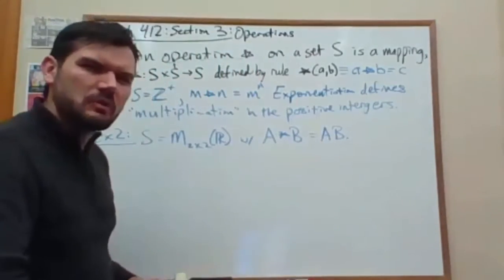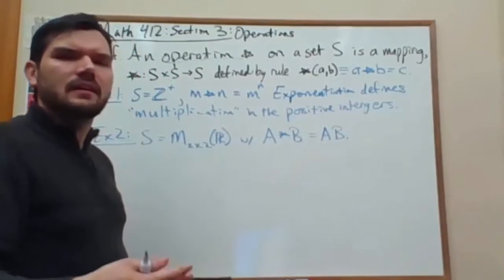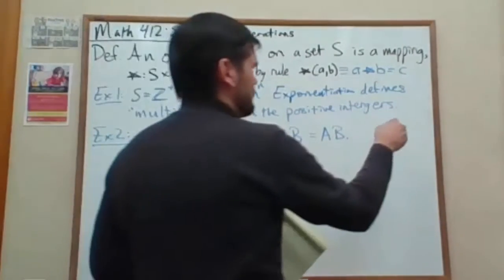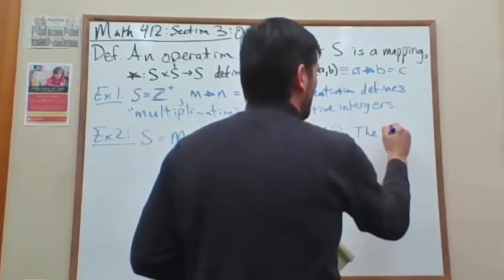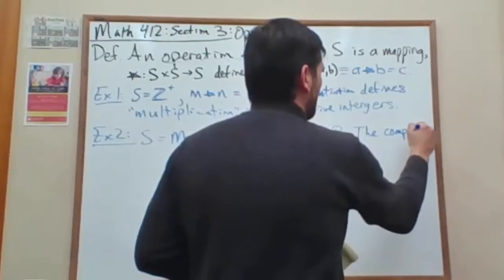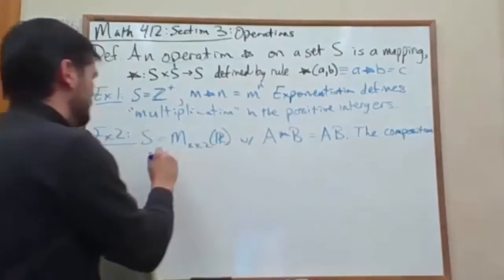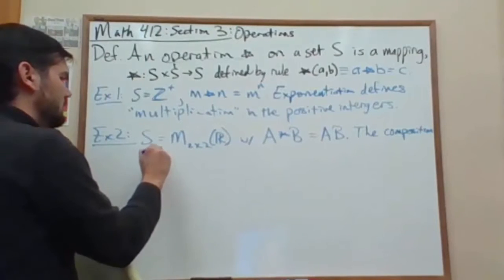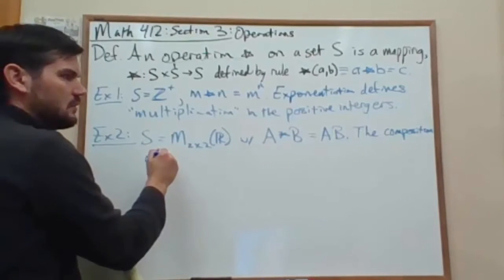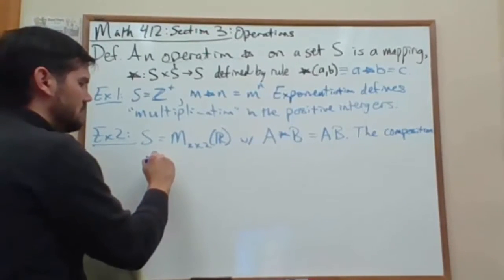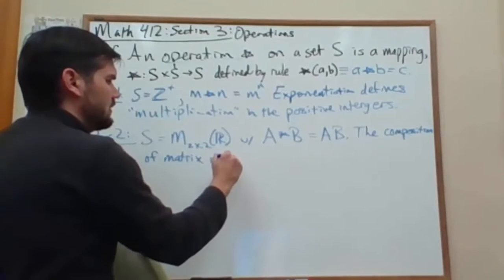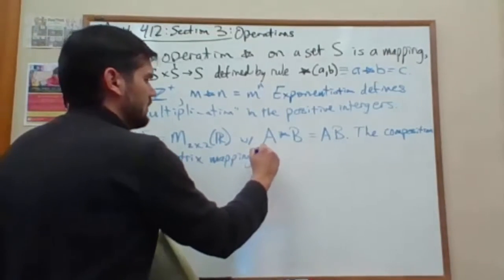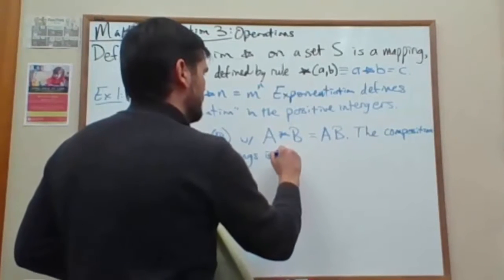Well, matrix multiplication can be thought of as composition. Matrix mappings.